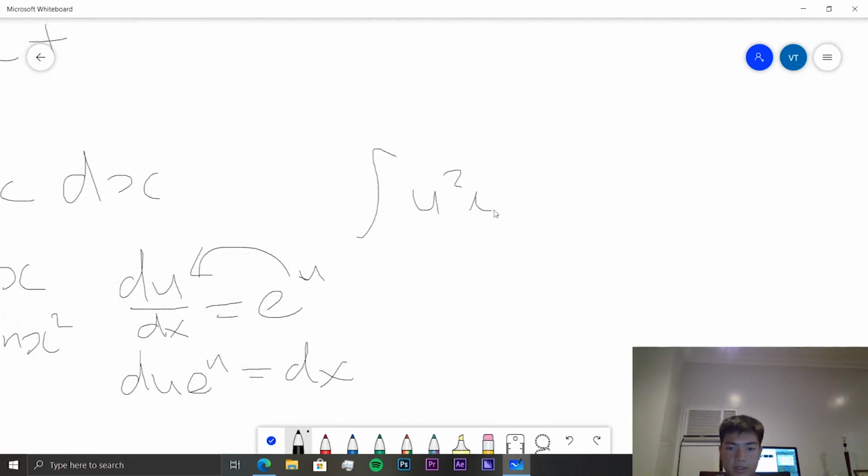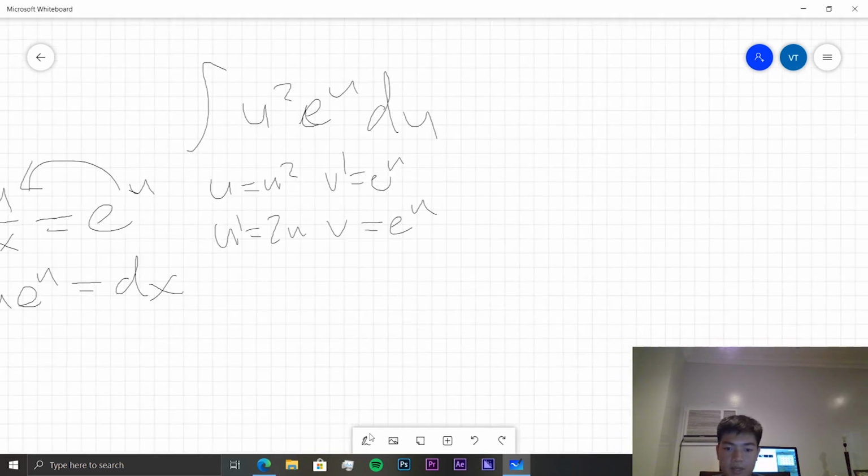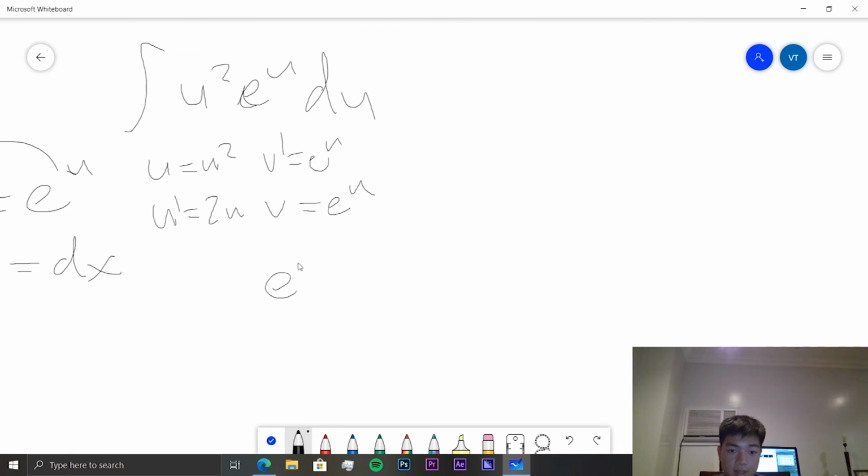So we have u squared e to the u du. So we can do this by parts now, because we have u is equal to u squared, u prime is equal to 2u, v prime is equal to, sorry, it's a bit confusing that I'm using the same notation. So we have here u squared e to the u, minus the integral of 2u e to the u.